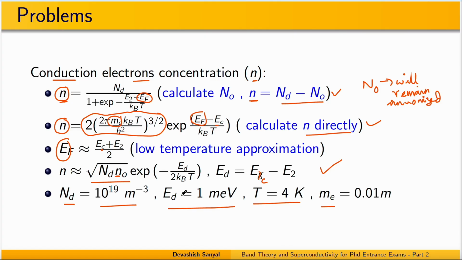So you can put all those things here, and you will get n directly from this expression. This is the concentration of the conduction electrons at 4 degrees Kelvin.